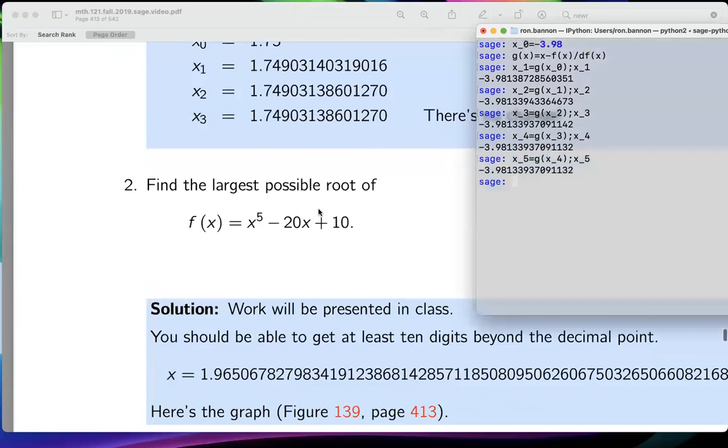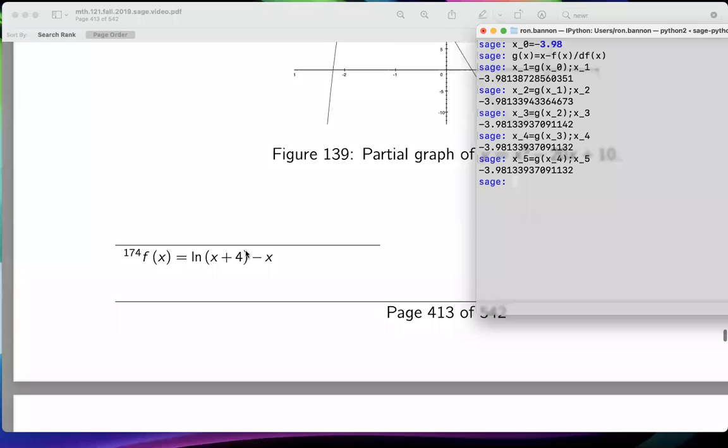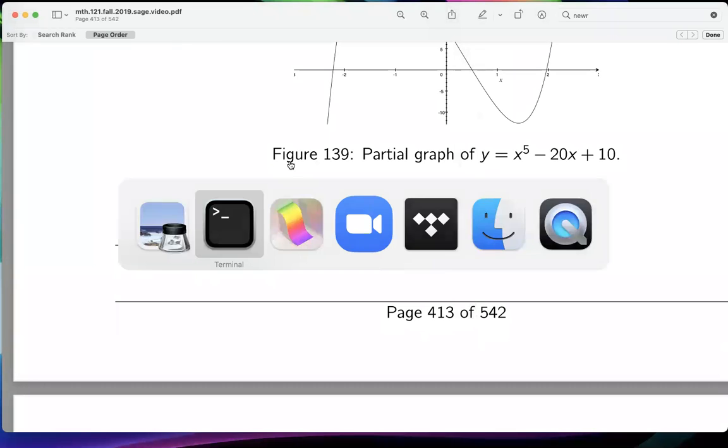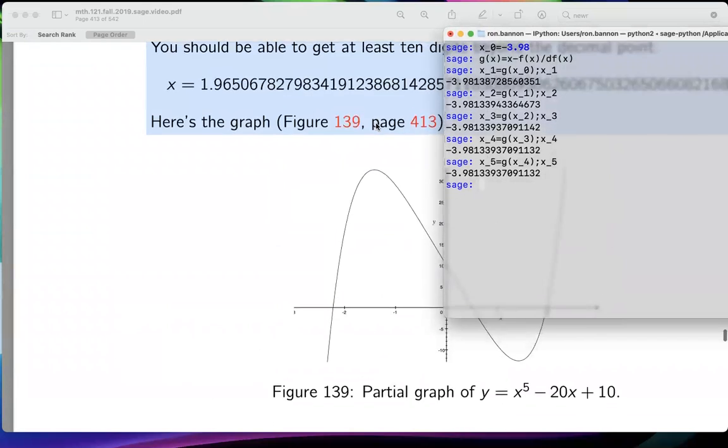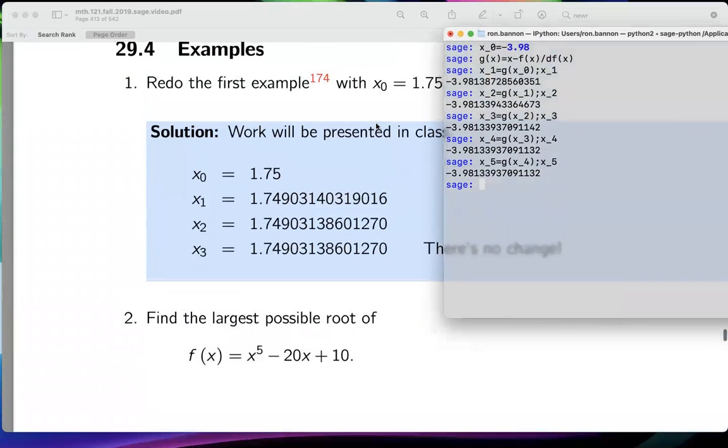Right now, what example do I want to redo? That example. Well, I want to do it again. Now, someone says they have the code base. Why not just take the code you've already used? And I'm going to do that. All right, so what I'm going to do, x naught equals 1.75. Whoops. They're telling me to use that, by the way. x1 would equal g of x naught.